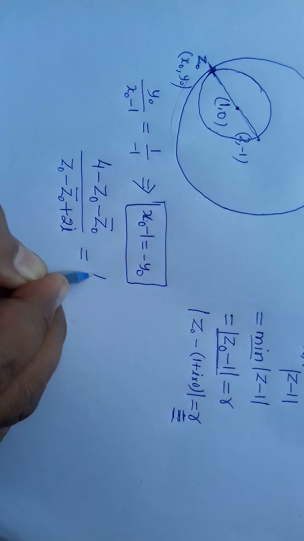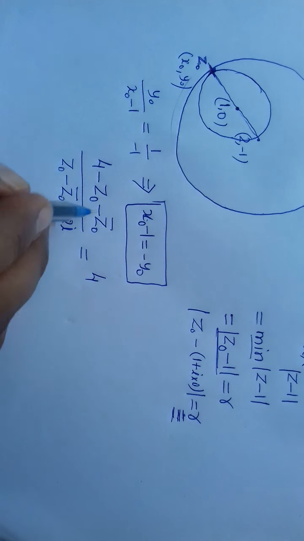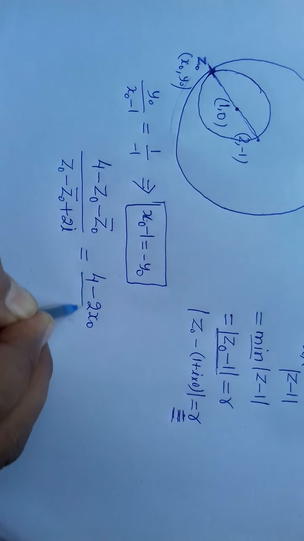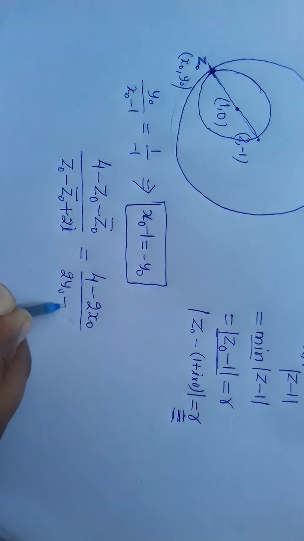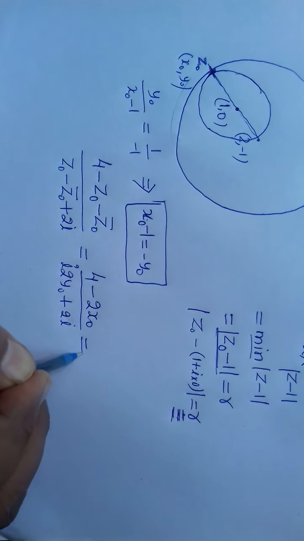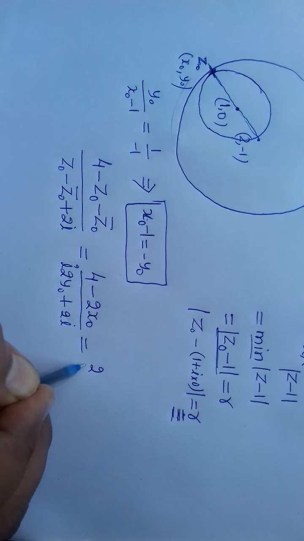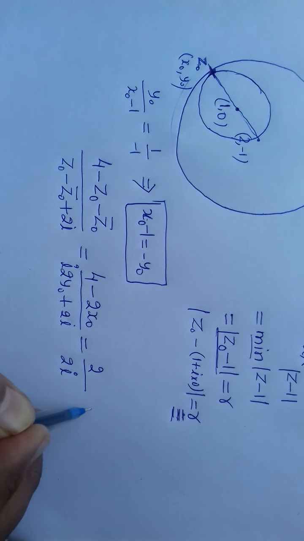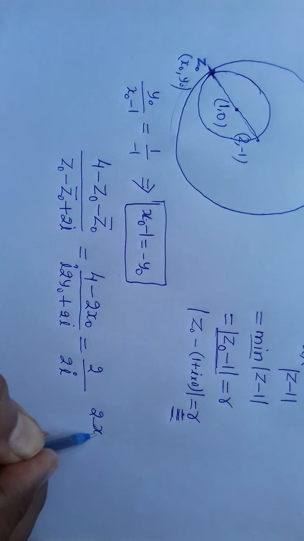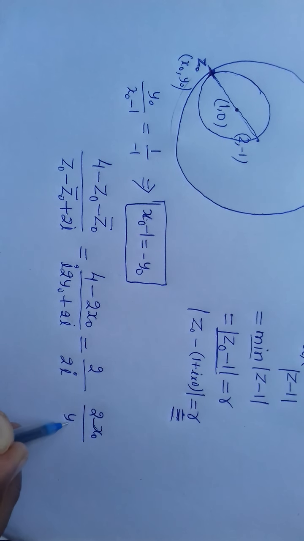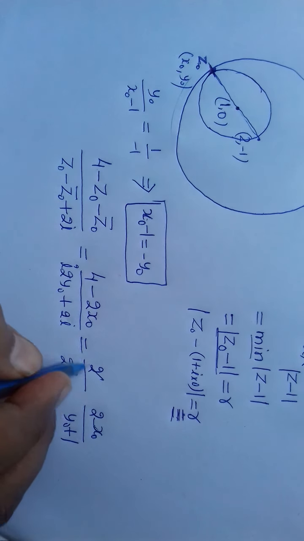Putting the value for z naught, z naught plus z naught bar will be 2x naught, and similarly z naught minus z naught bar will be 2y naught i. Further we can take common 2. In the denominator it is 2i. Here will be 2 minus x naught, and here will be y naught plus 1.